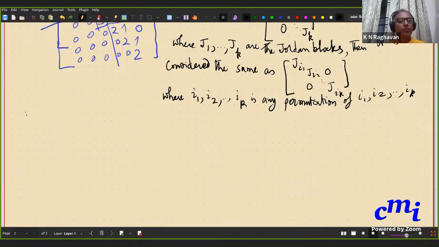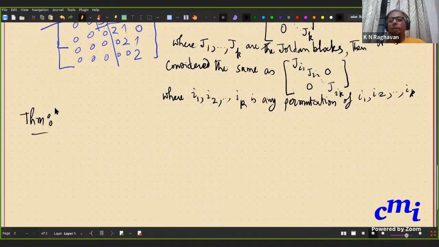And then the theorem is, and this is what makes it interesting: if I put this condition, that a matrix is in Jordan form, then there is precisely one matrix in every equivalence class. Of course, when I say precisely one matrix, I am considering permutations of the Jordan blocks to be the same matrix.